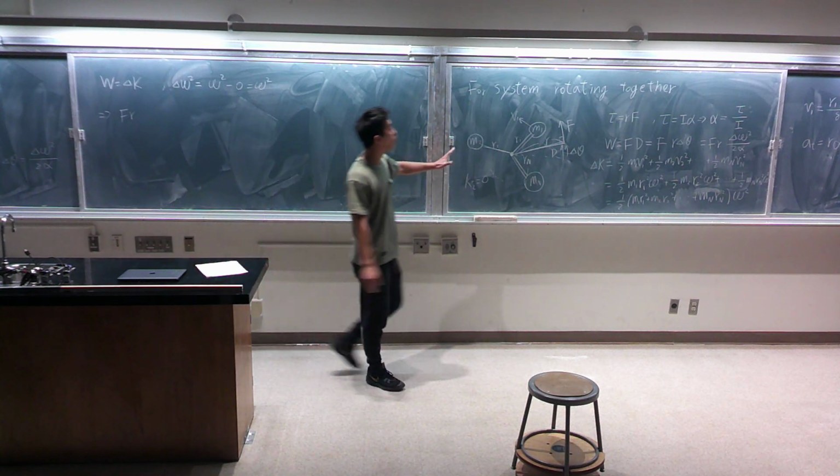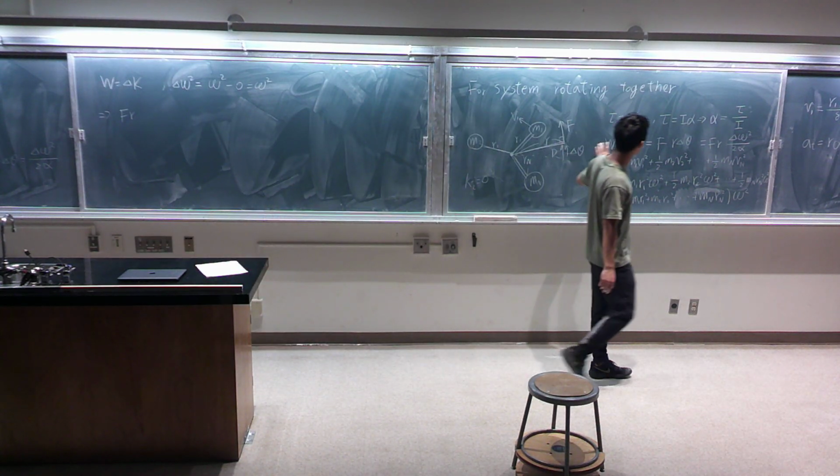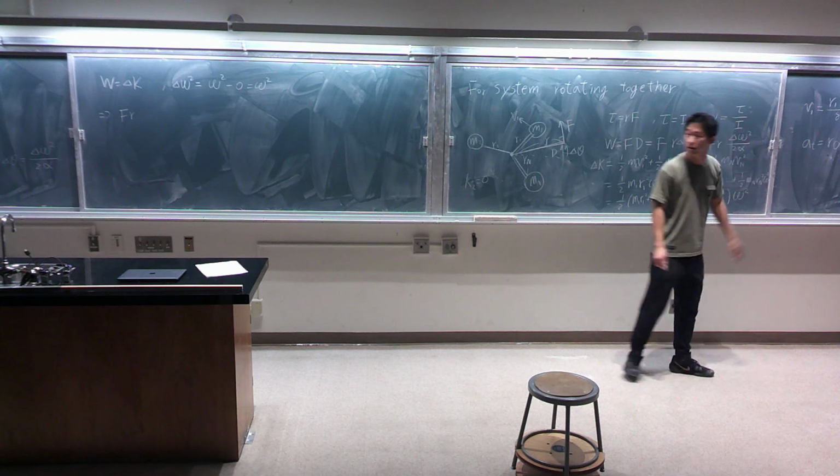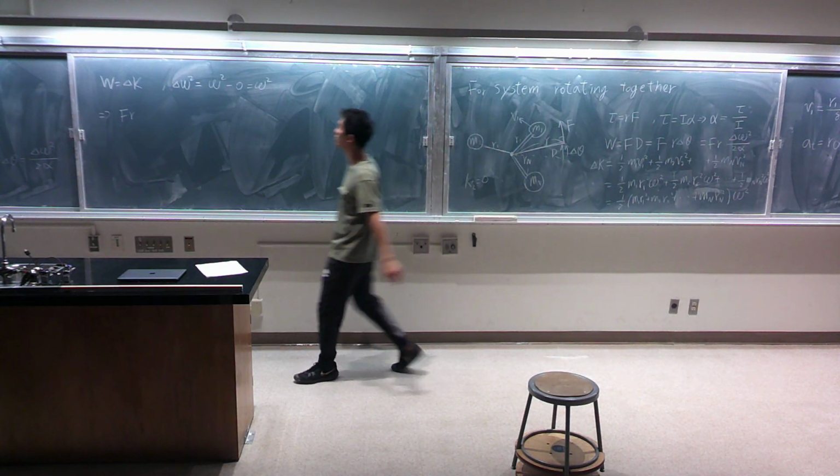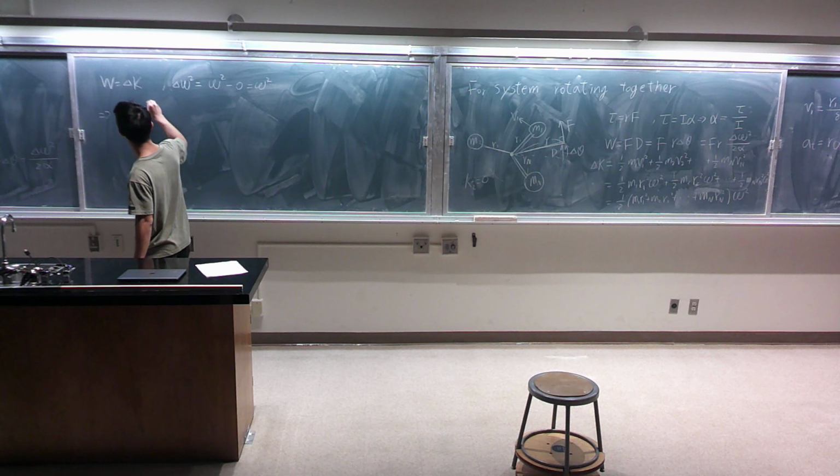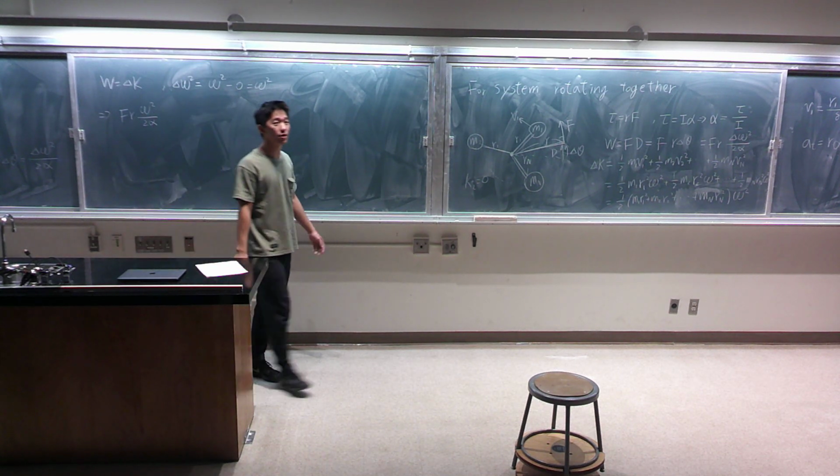So the work we have done will be Fr omega squared divided by 2 alpha. Okay?